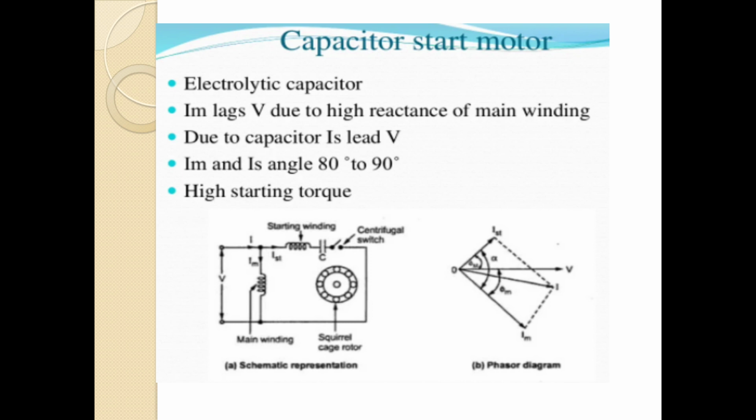The running current IR lags the line voltage. The phase displacement between the currents is approximately 90 degrees during starting. Starting torque is higher, starting line current is less and power factor is improved.